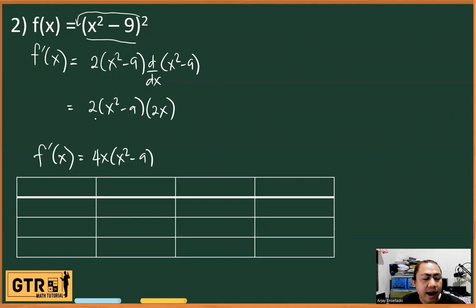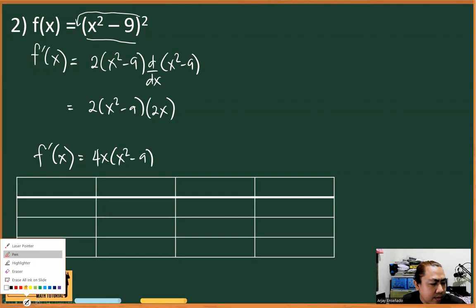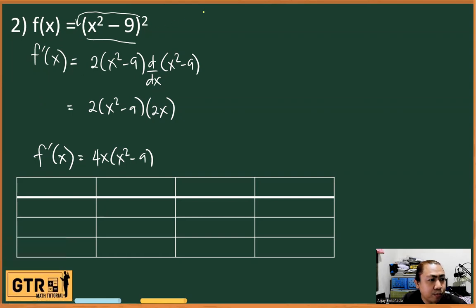Now let's equate each factor to 0, or we can factor x squared minus 9 using the difference of two perfect squares. We have a squared minus b squared equals a plus b times a minus b.